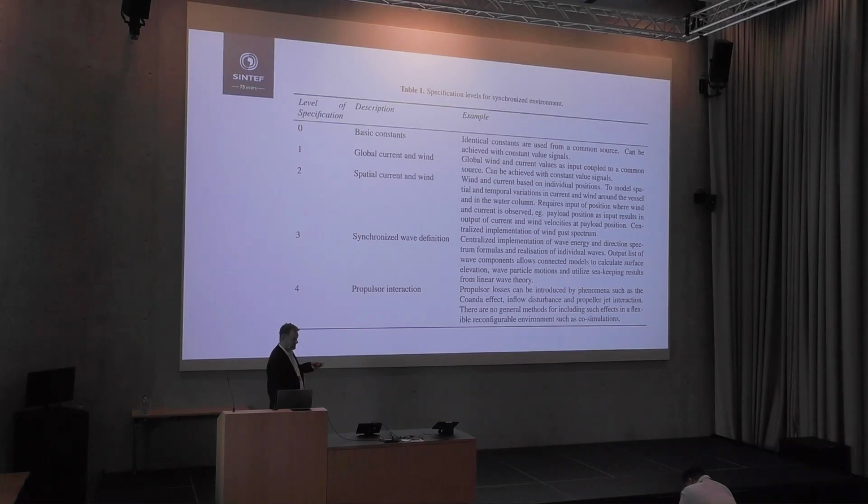Global current and wind, in the origin of your reference system. Then spatial and time varying current and wind, where you input positions and you get back values. Synchronize the wave definition to have the wave energy represented identically in all FMUs, and then propulsion interaction. So we made these specification levels.